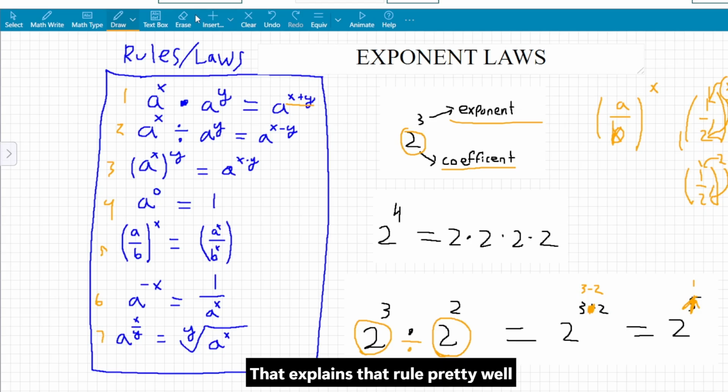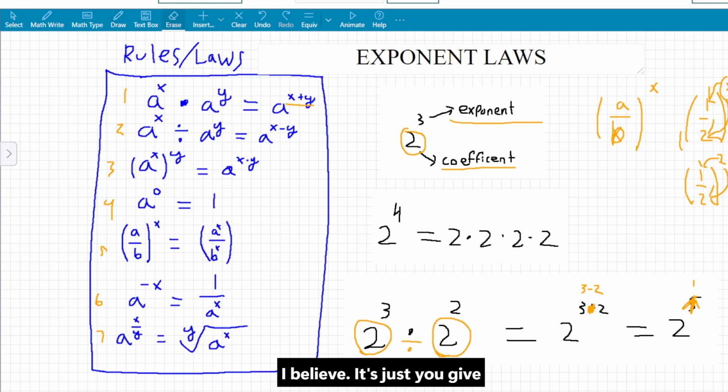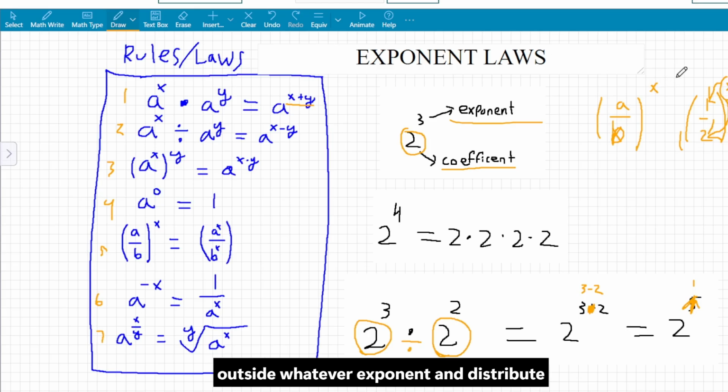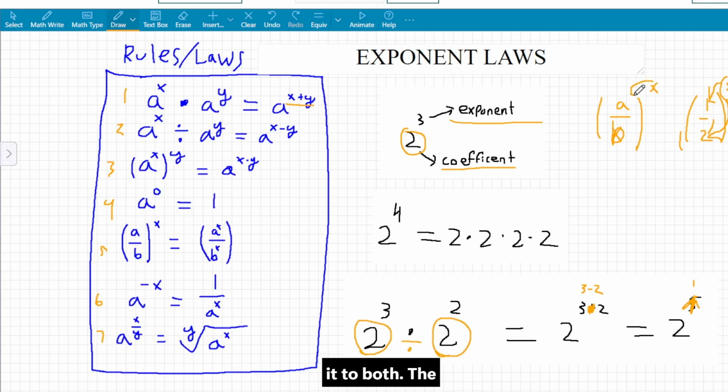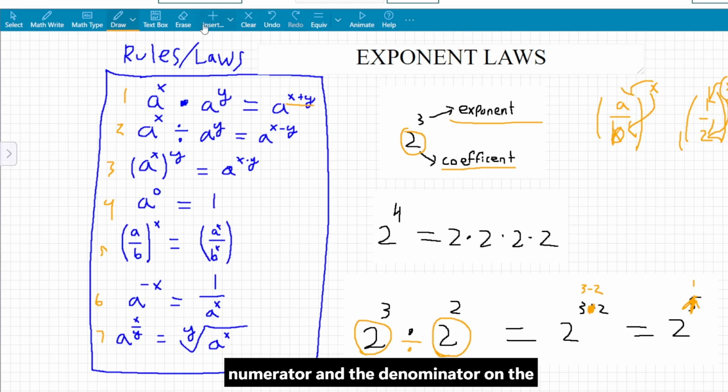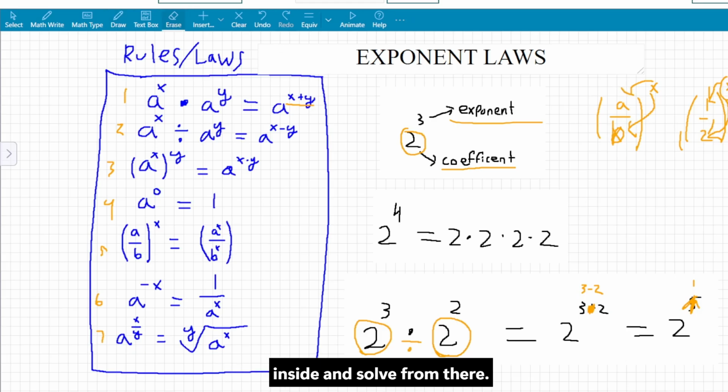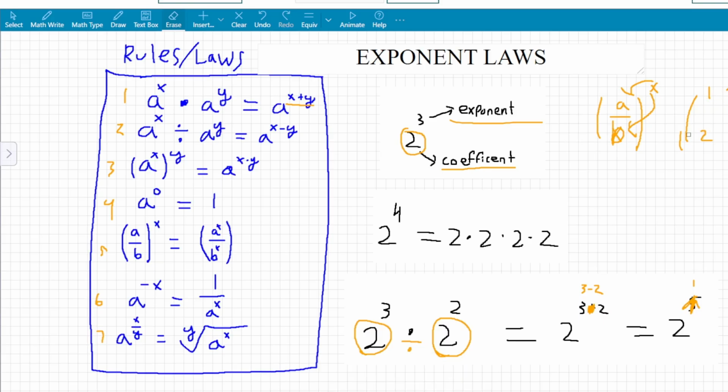That explains that rule pretty well, I believe. You give whatever exponent is on the outside and distribute it to both the numerator and the denominator on the inside, and solve from there.